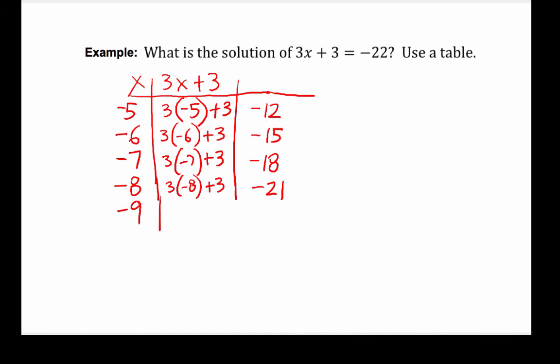You might notice something, but let's continue on. If x is negative 9, 3 times negative 9 is negative 27. Negative 27 plus 3 is negative 24. We missed negative 22. Somewhere in between here, right? So our answer is somewhere between negative 8 and negative 9.